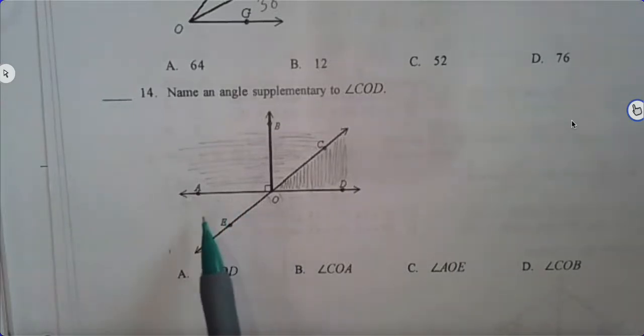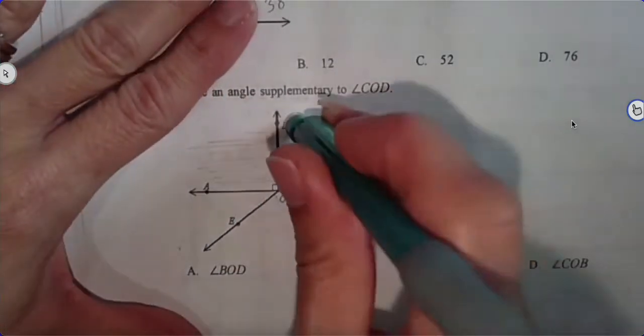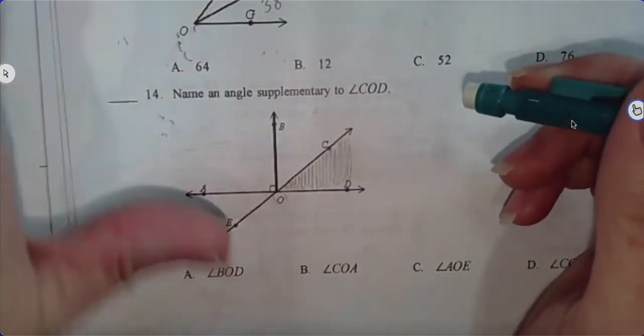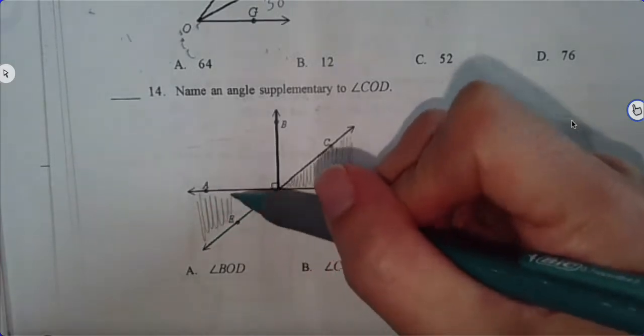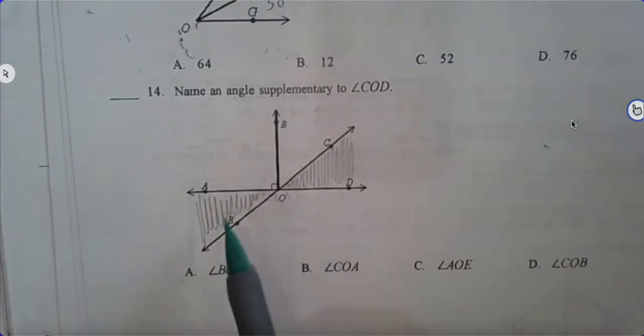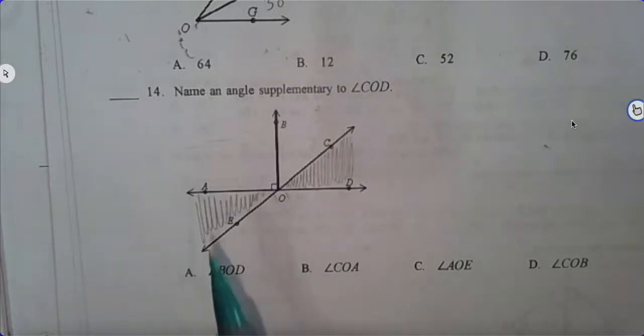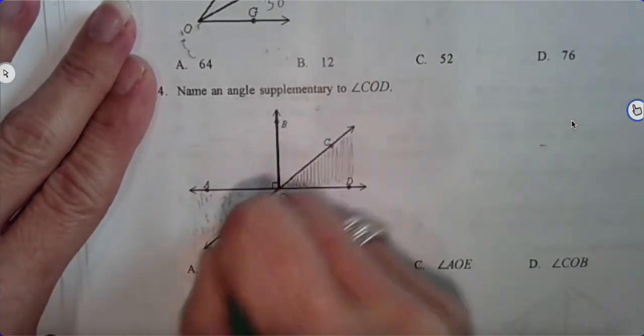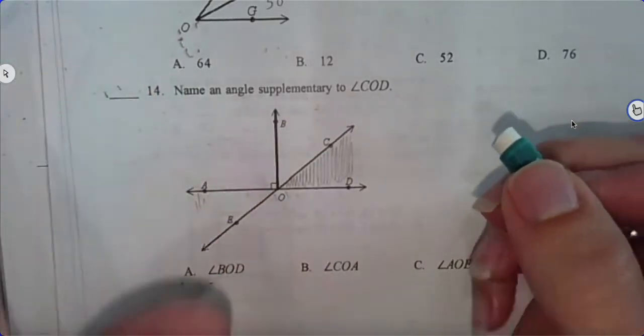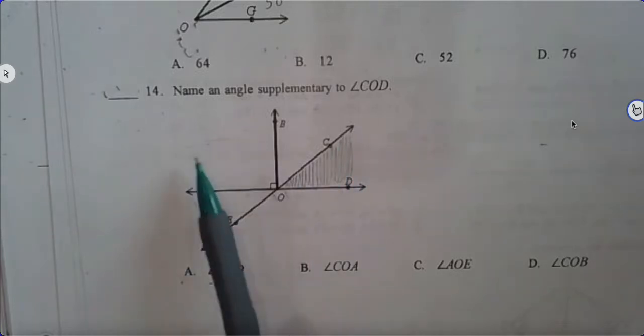AOE is a vertical angle, but it wants to know what's supplementary. AOE, those would not together make a straight line. So that one's no. The one that makes a straight line is going to be COA.